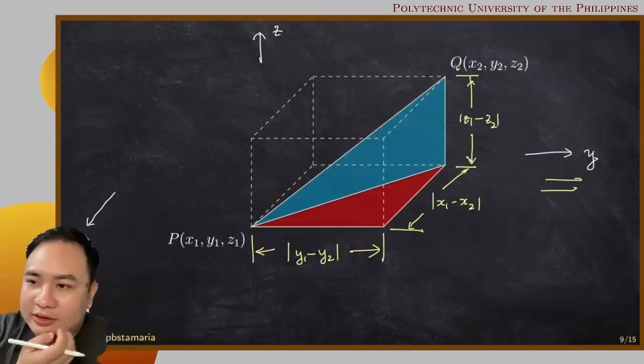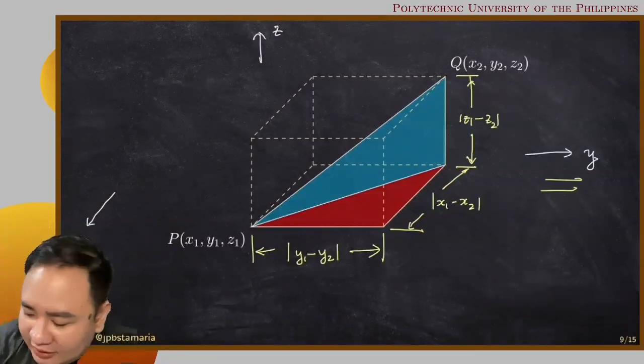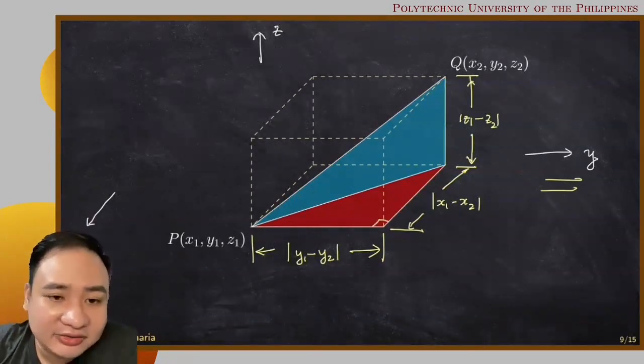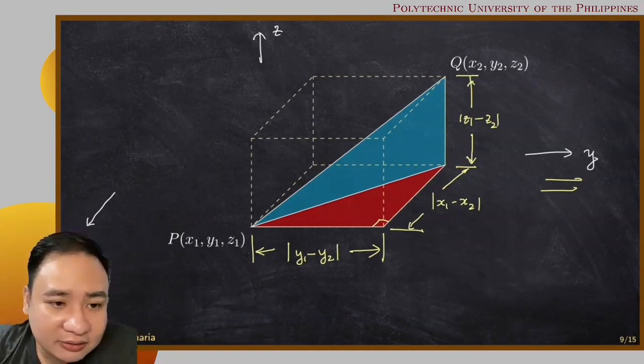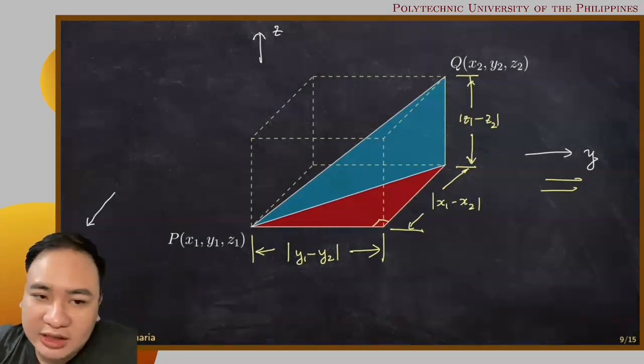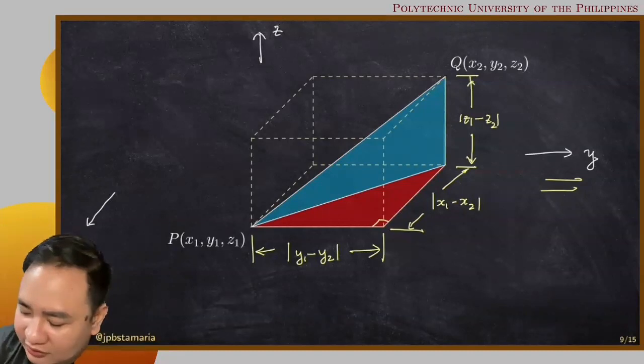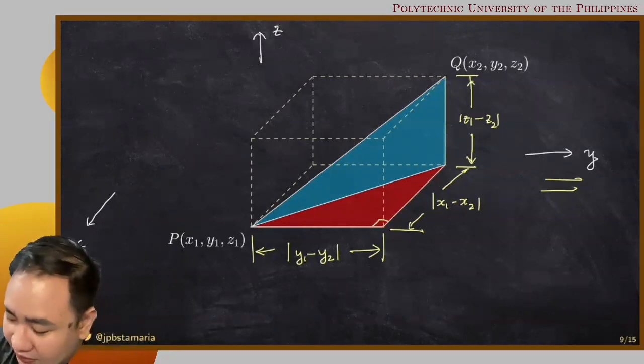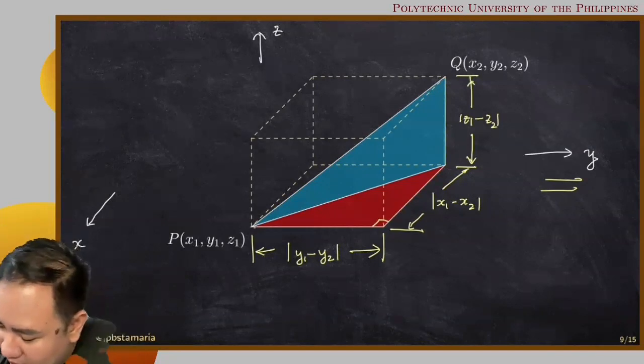Right. Now, how can we get the hypotenuse of the red triangle? Well, you can use the Pythagorean theorem. Because you square these sides, you don't need the absolute value anymore. So this length, let me color it red.